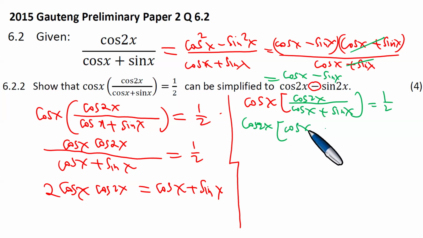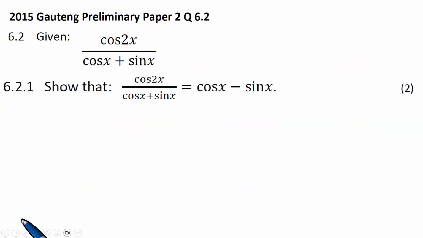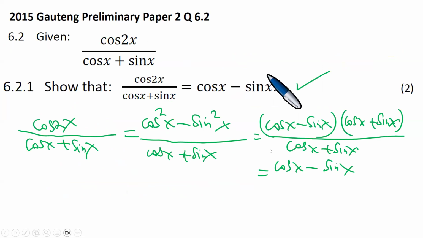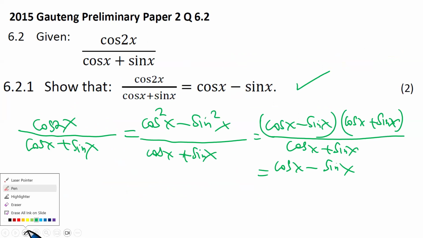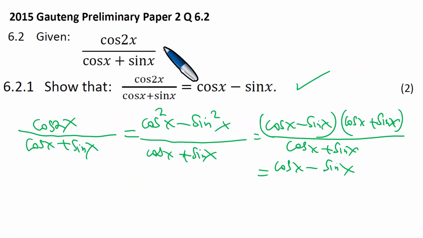Which previous question? That's a good question. The previous question is exactly this one here, we even went through it. Remember that in this question we had to show that cosine 2x over cosine x plus sine x is this.